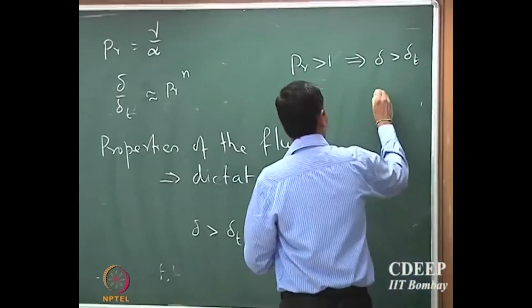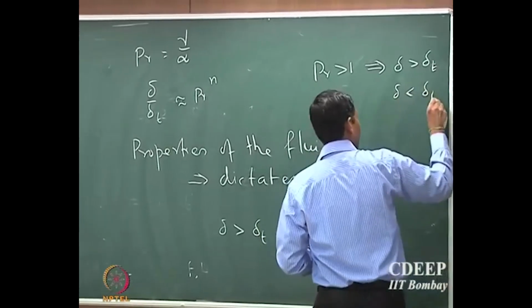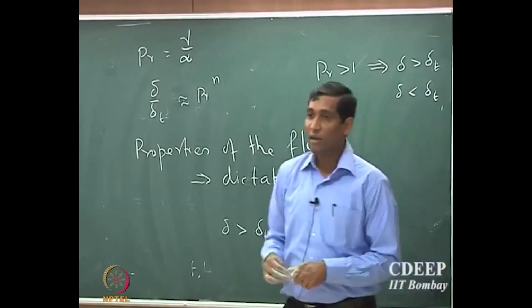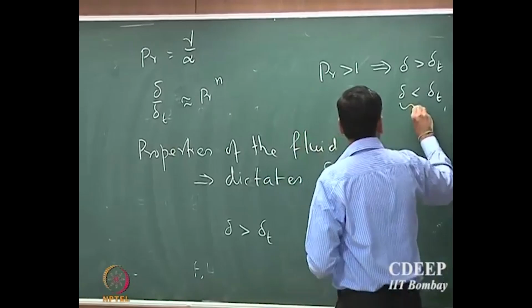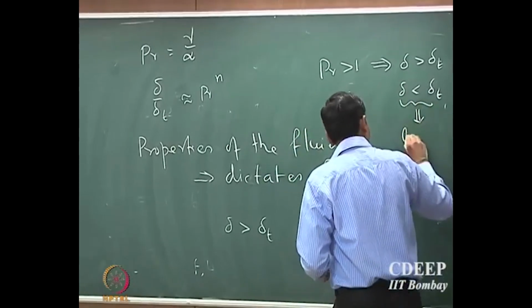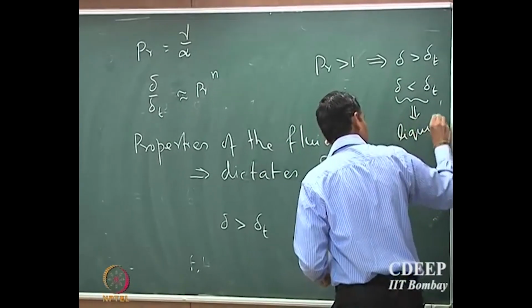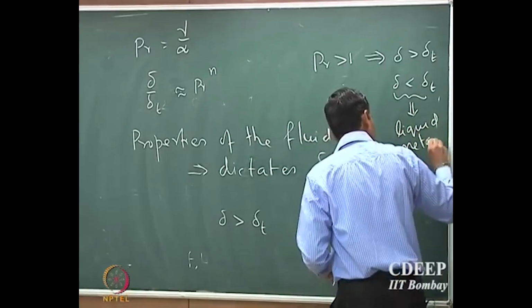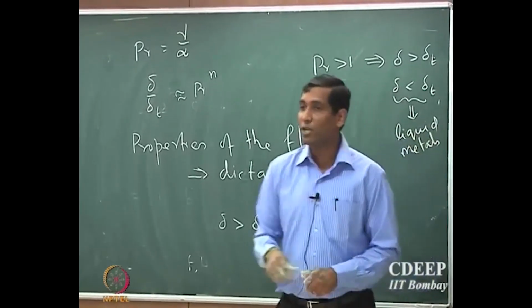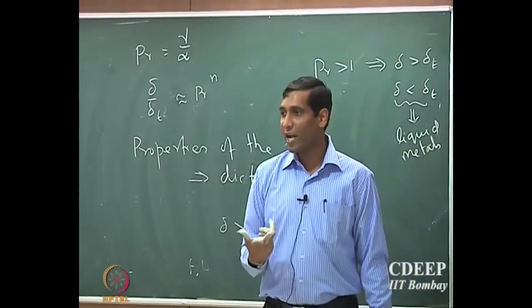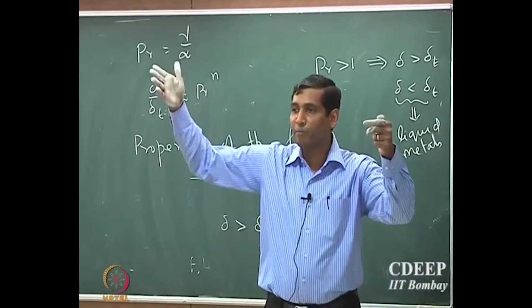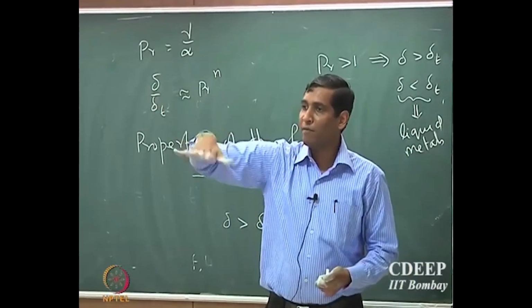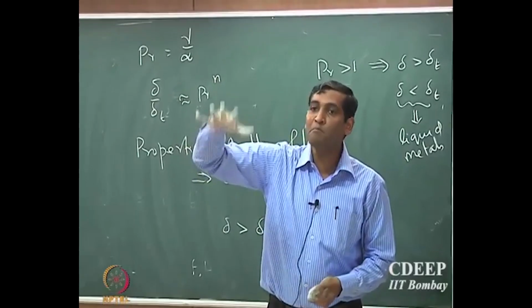Now suppose delta is less than delta t, in fact there are situations where this is the case. This is true for liquid metals. The place where it is used is, the way aluminum is extracted is you have a very high temperature process where the aluminum is manufactured in a molten state.